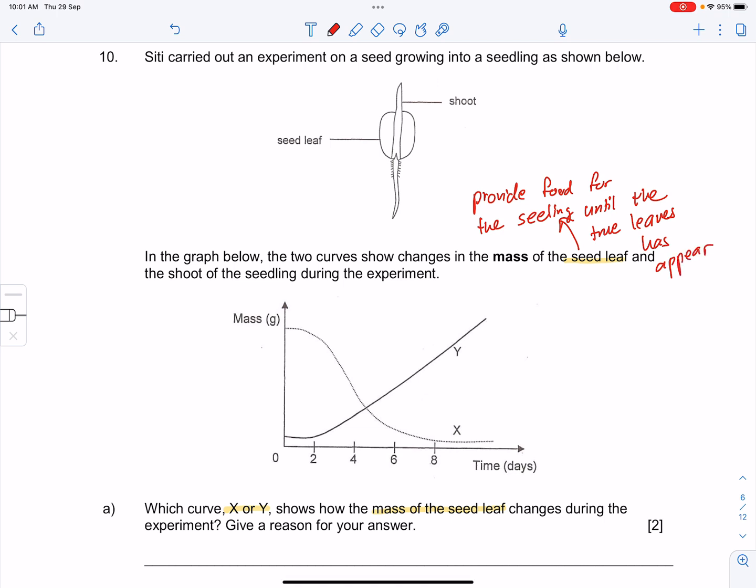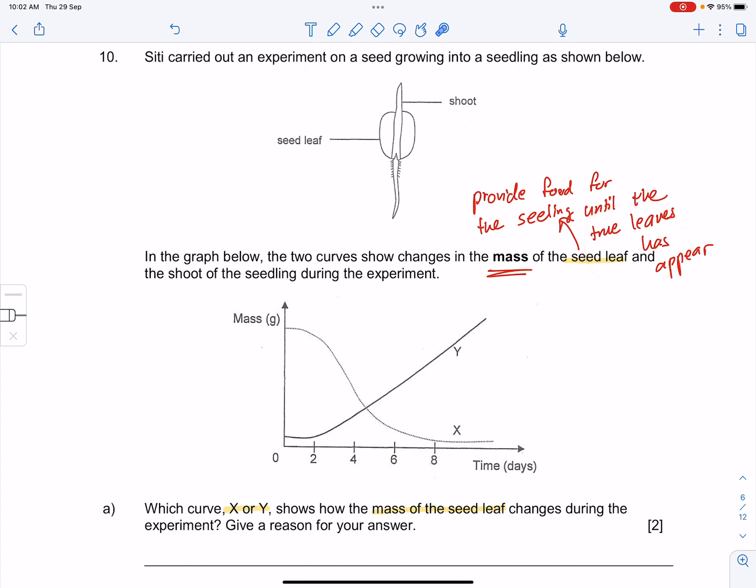Now, given that you already know that, think about it. Mass is talking about the amount of substance that makes up something. Because the idea of your seed leaf is to provide food, as the days go by and your seedling starts to grow, it needs to use up the food that is stored in your seed leaf.